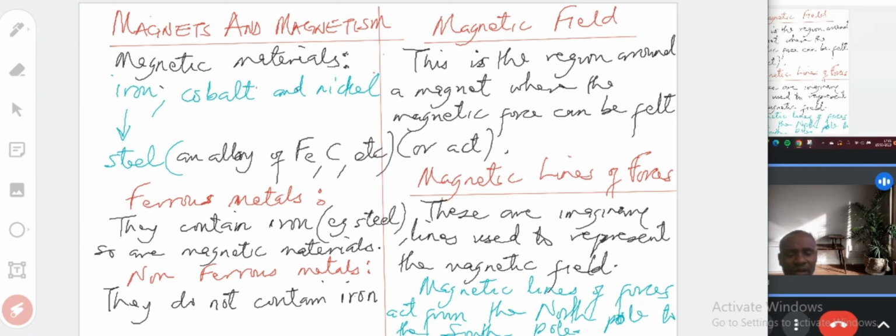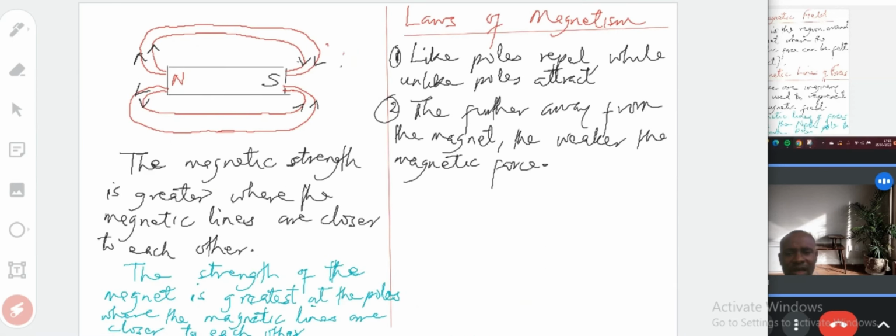They come out of the north and run towards the south. Magnetic lines of force run from north to south, so the arrows point out of the north towards the south.